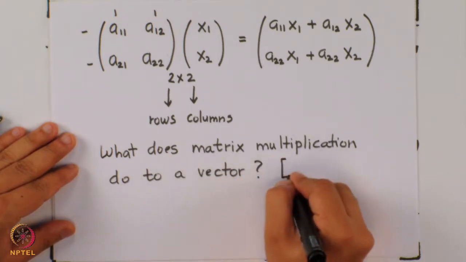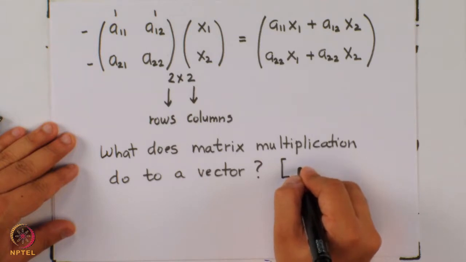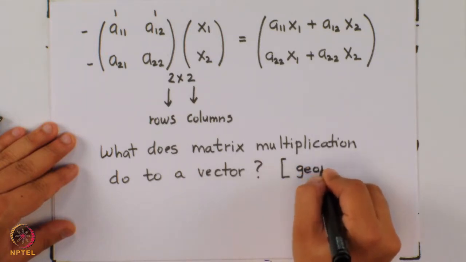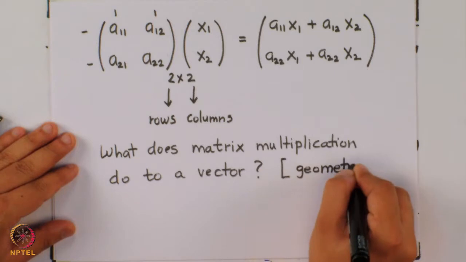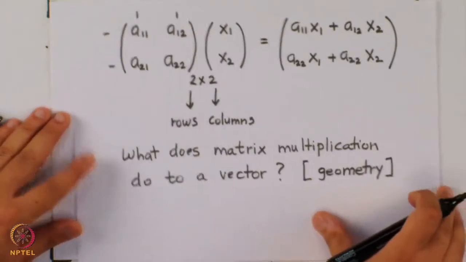And the perspective that we will take to analyze this is we will look at the geometry associated with this process. Alright, let us do this with the help of an example. So we will pick a 2 cross 2 matrix and we will pick an associated vector, multiply the two and see where that takes us.